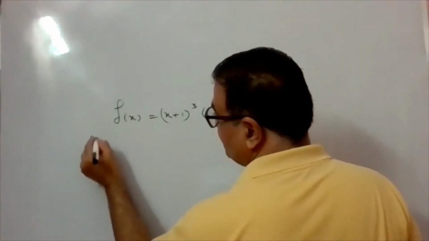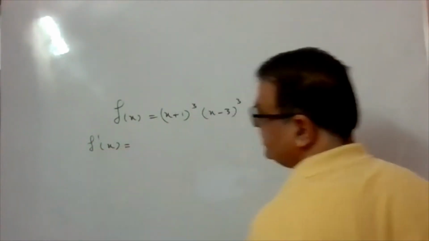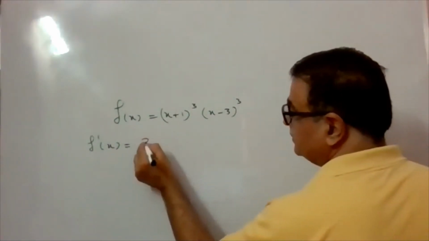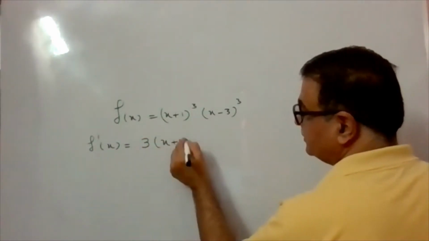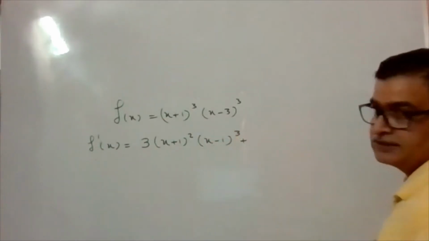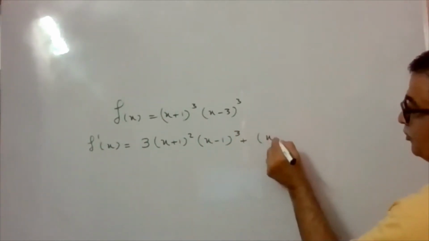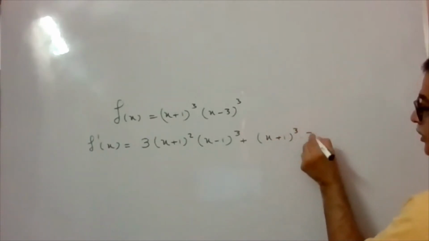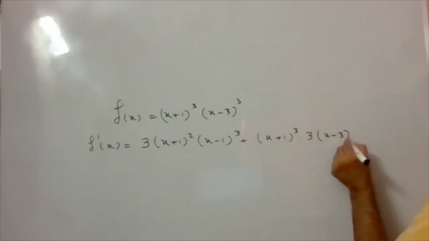So first we should go for it. f dash x is equal to, what will it come? 3 times (x plus 1) whole square into (x minus 3) whole cube plus (x plus 1) whole cube into 3 times (x minus 3) whole square.